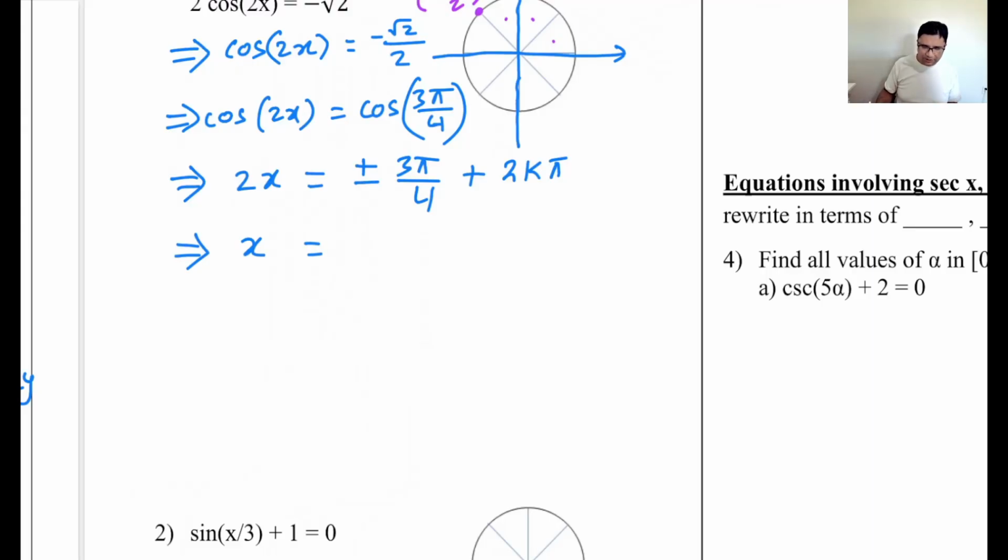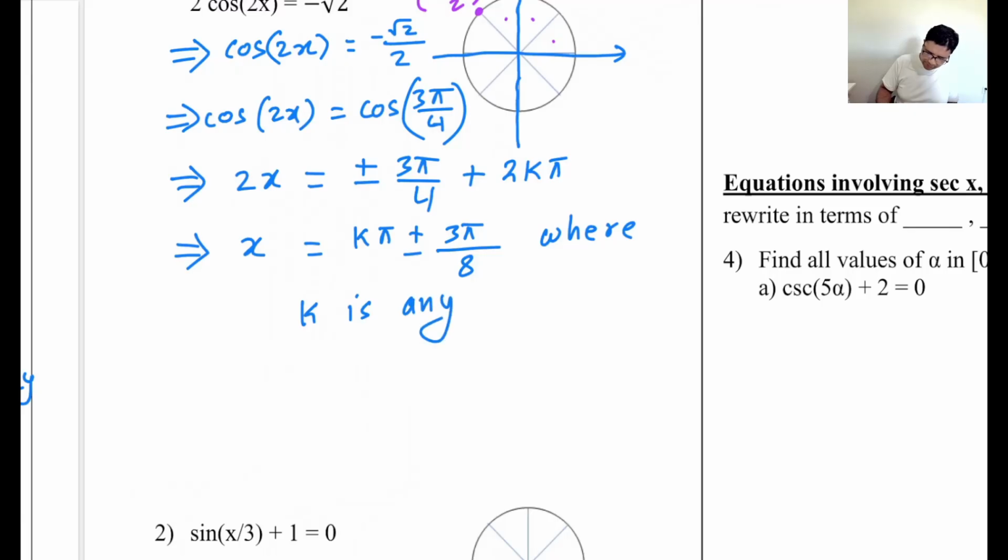Okay, it looks neater. 2k pi divided by 2 will be k pi plus minus 3 pi over 8, 3 pi over 4 divided by 2, the 4 and 2 will multiply, where k is any integer.